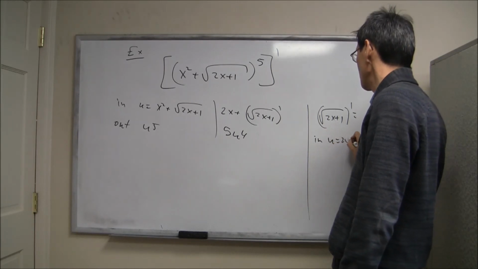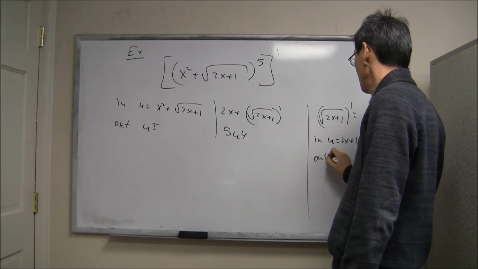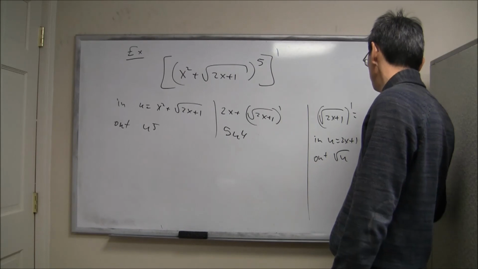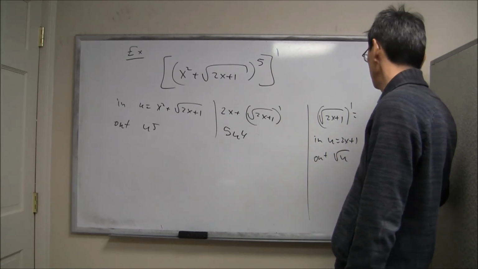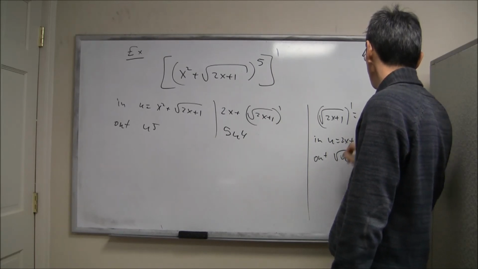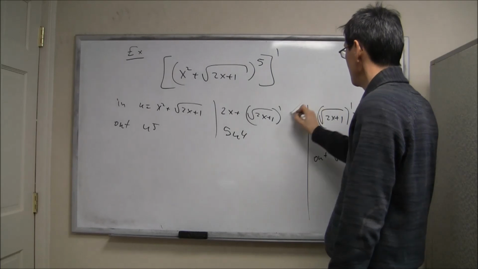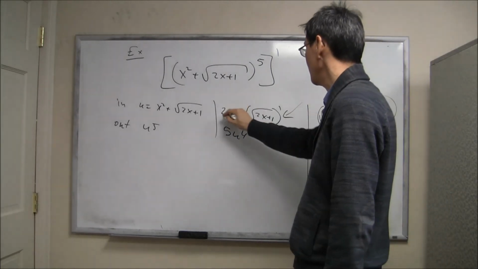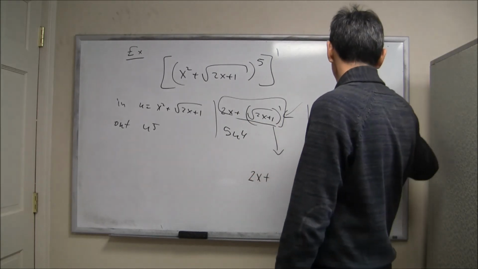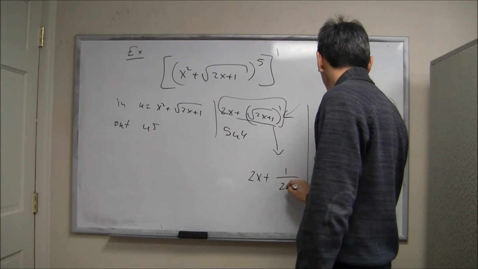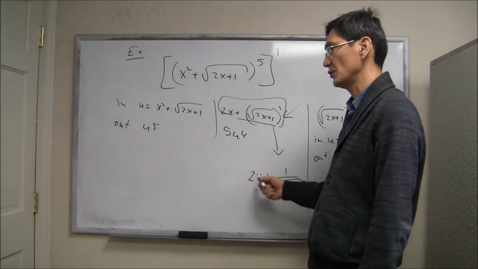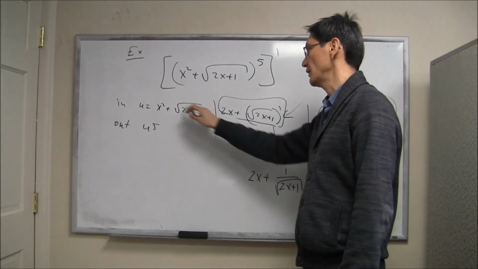Inside 2x plus 1, outside square root of u, derivative inside is 2, derivative of root is 1 over 2 square root, and u stands for 2x plus 1, so we have 2 over 2 square root of 2x plus 1, do a little bit of reduction, and that goes in here. So that expression is 2x plus this guy, 1 over square root of 2x plus 1. Don't forget to multiply these two guys together, and don't forget for this guy, inside function is that one.